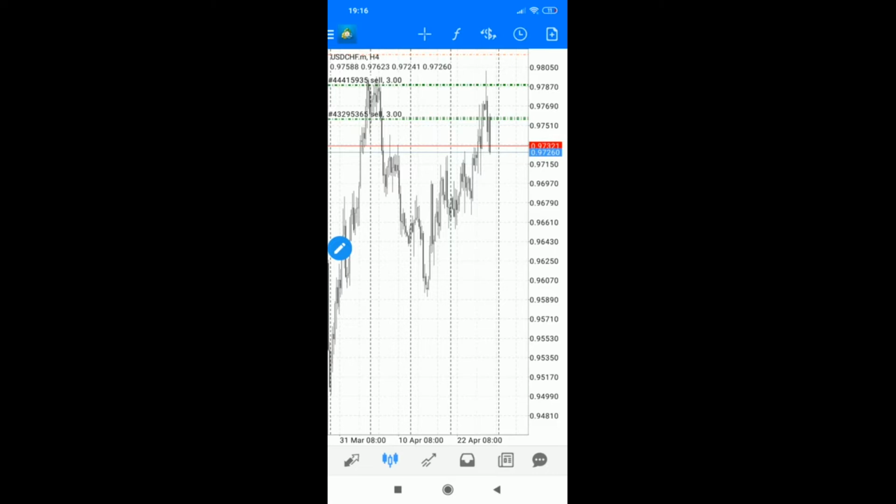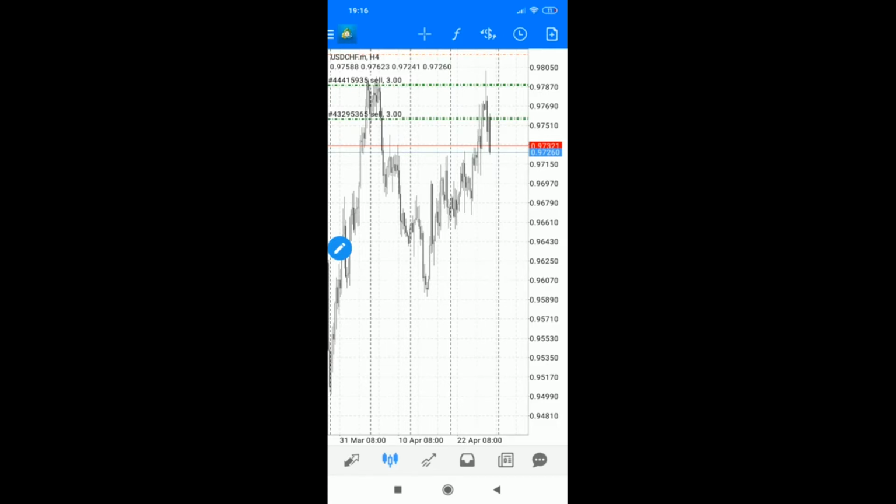So what happens in order for you to spot whether a move will be a false breakout or not? You start by using what we call multiple time frame analysis. Multiple time frame analysis simply means that you use different time frames for analysis.